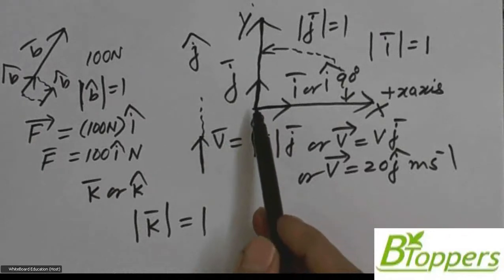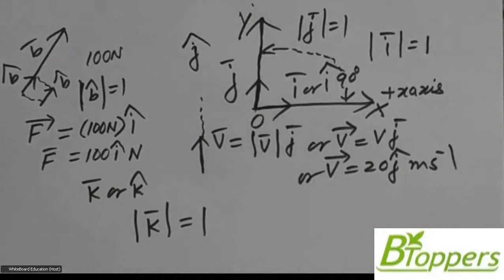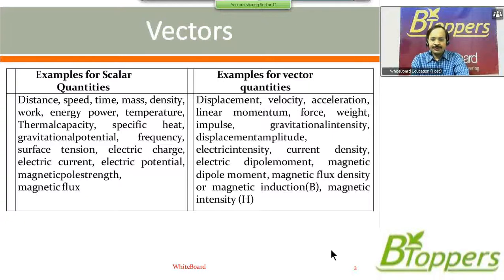Now I would like to summarize the entire discussion so far in the introduction part of vectors. So I am going to show you the PowerPoint presentation, that is, my printed notes. Now look at the screen. I am going to summarize my discussion completely.